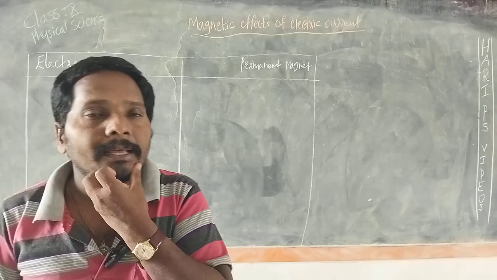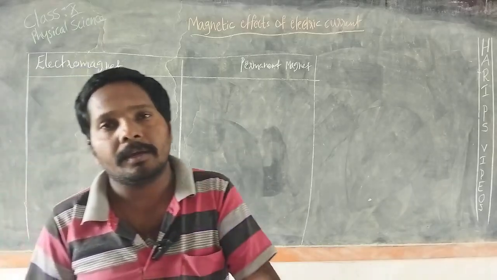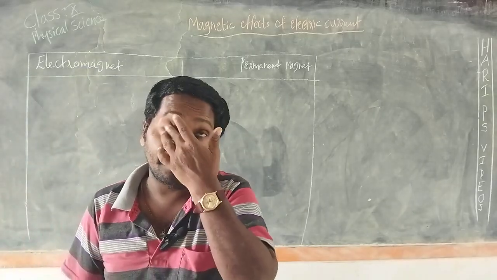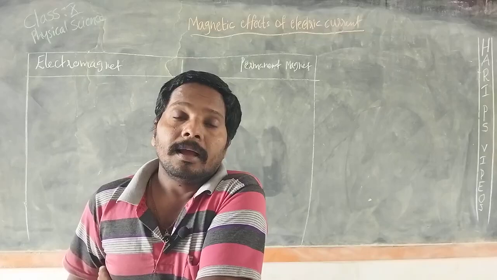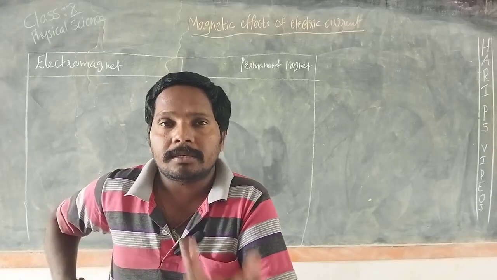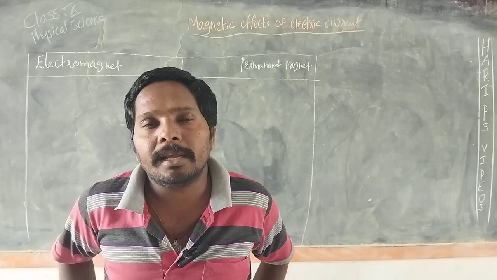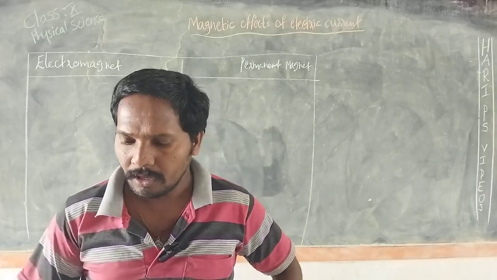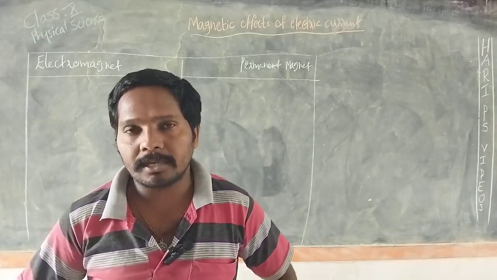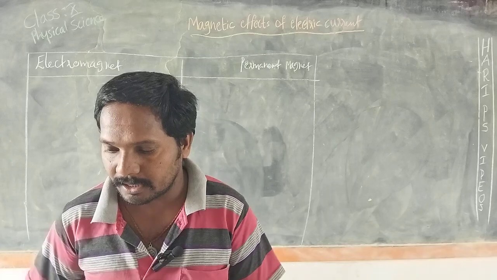So by passing the electric current, a current carrying wire creates a magnetic field. An electromagnet works on the magnetic effect of electric current.